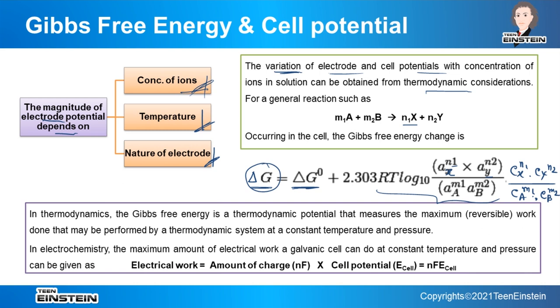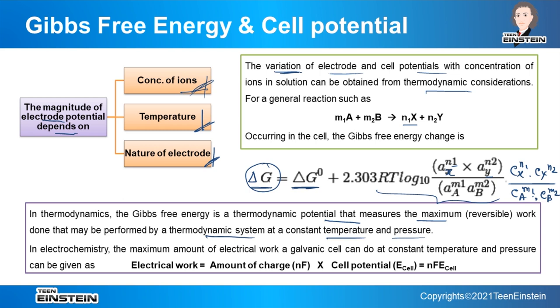In thermodynamics, Gibbs free energy is a very important term, because it is the thermodynamic potential that measures the maximum reversible work that can be performed by a thermodynamic system. From the del G value we can get an idea of the maximum work done. And remember it is at constant temperature and pressure.